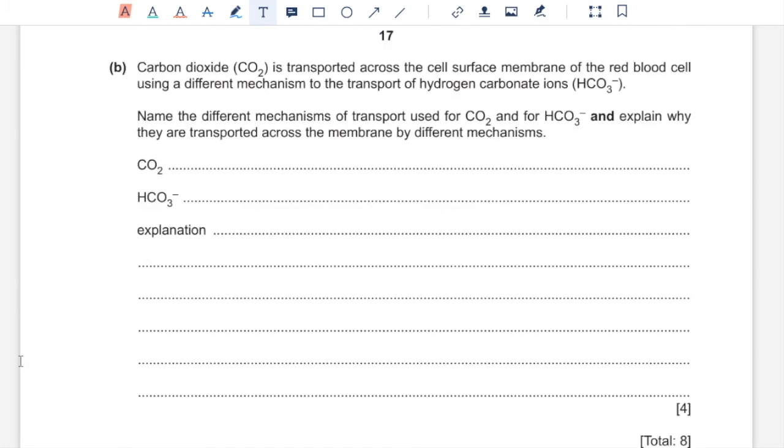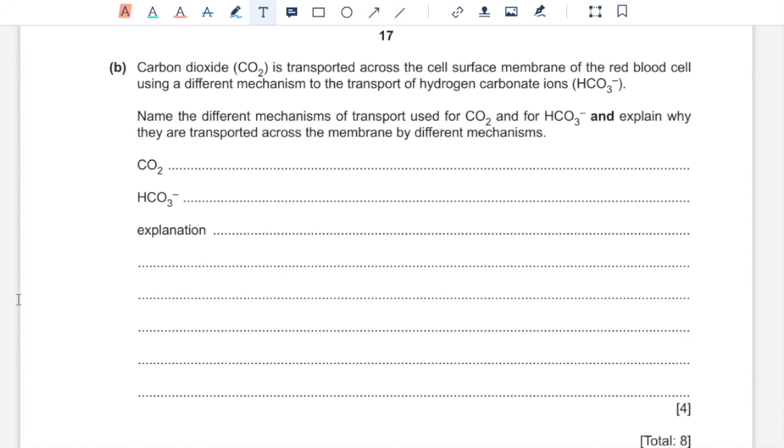The carbon dioxide is transported across the cell surface membrane of red blood cells using a different mechanism to the transport of hydrogen carbonate ions. Name the different mechanisms of transport used for carbon dioxide and hydrogen carbonate, and explain why they are transported across the membrane by different mechanisms.